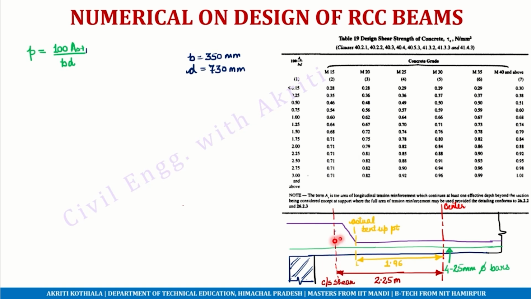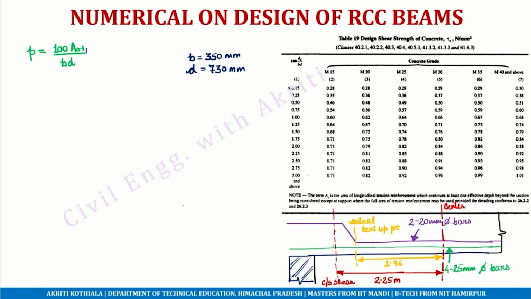Because if we look at this beam, which we have detailed so far, we are bending up two bars of 20 diameter at a distance of 1.96 from the center of the beam, and the critical section for shear is at 2.25 meters from the center of the beam.